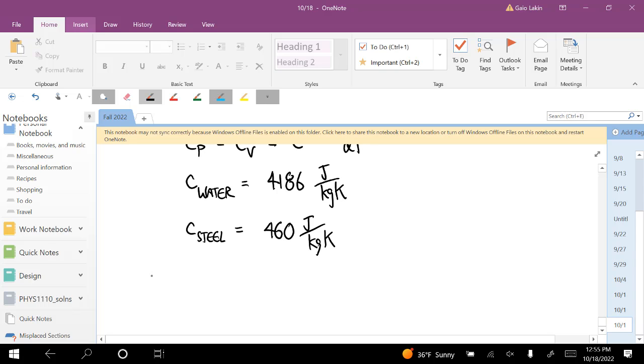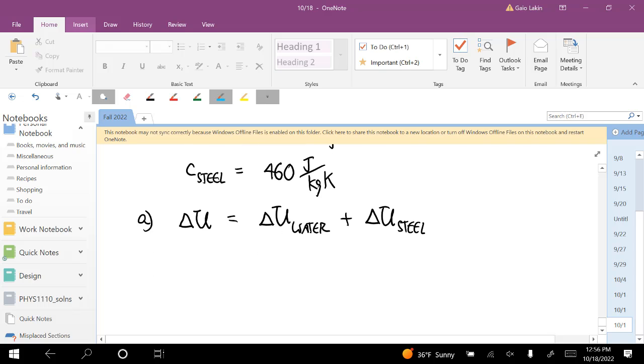Well, the total change in internal energy is the change in internal energy of the water plus the change in internal energy of the steel. So for the water, that's the mass of water that we have times the change in the specific internal energy.